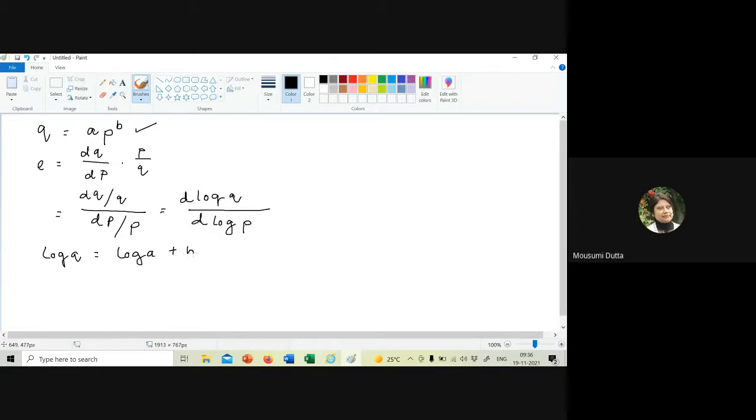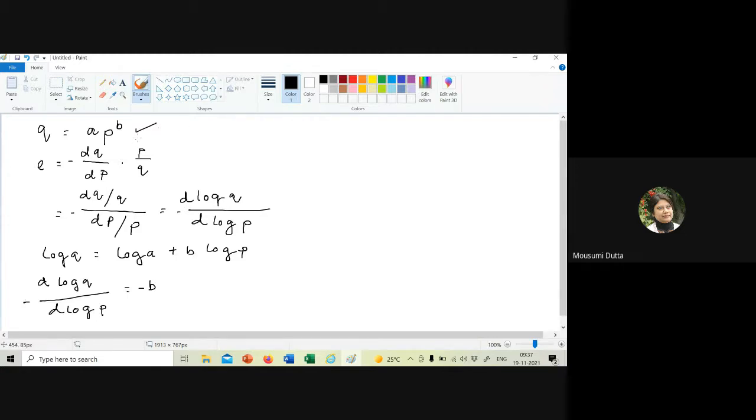Very good. Log A plus B log P. Okay, and easily you will be able to calculate the value: B. And if I use the minus sign, as from the very beginning, it will be minus B. Or if I consider the absolute value of the price elasticity of demand, we are getting the value to be B, which is a constant.